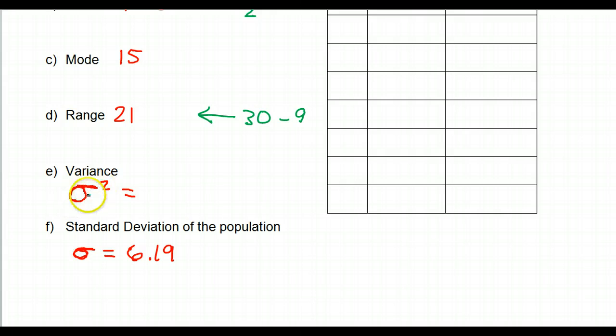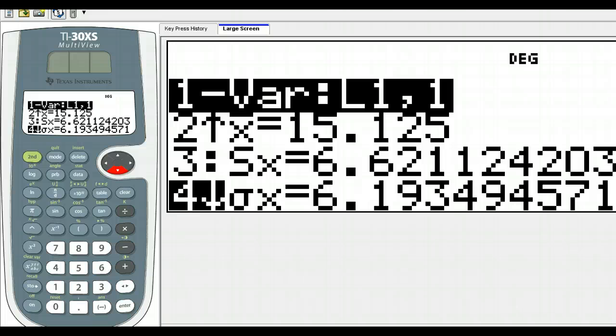In fact, this is the symbol for variance, and if you know the symbol for variance, you know how to do the variance, because the variance is just the standard deviation squared. So I could type 6.19 into my calculator and square it. But I don't like to round and then do stuff with a rounded number if I can avoid it. And I can avoid it.